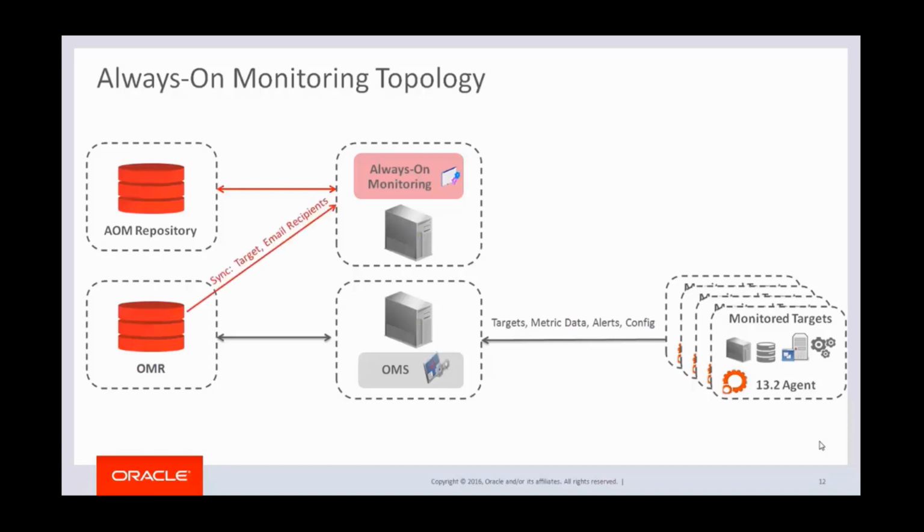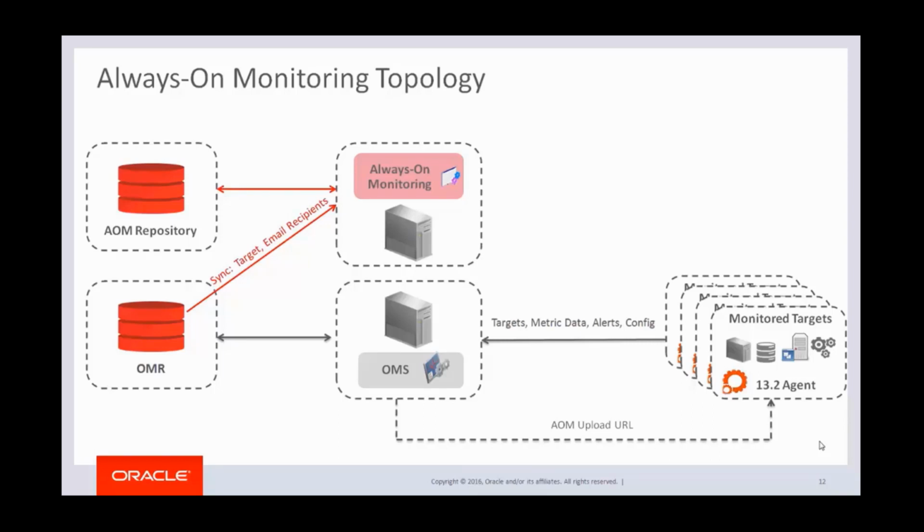The AOM service synchronizes with the Enterprise Manager repository to retrieve the latest target properties and email recipients for downtime contact. So this is the information of what to monitor and who to notify. There is a one-time setup you have to perform in order to have agents send alerts to AOM.